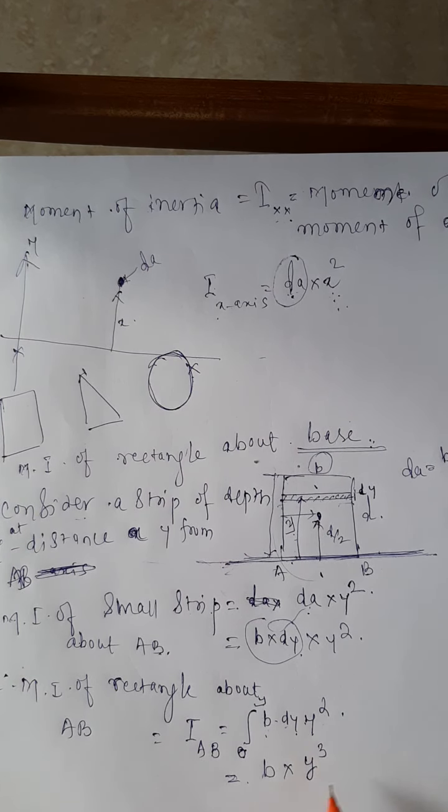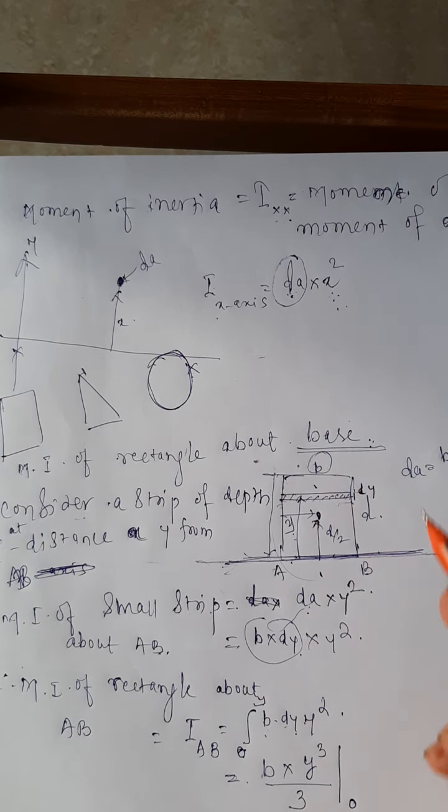See the limits of y: y is changing from y is equal to 0 to y is equal to d. Therefore, the moment of inertia of the rectangle about AB is equal to b into d cube divided by 3.